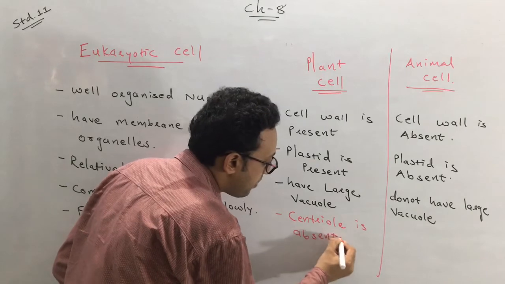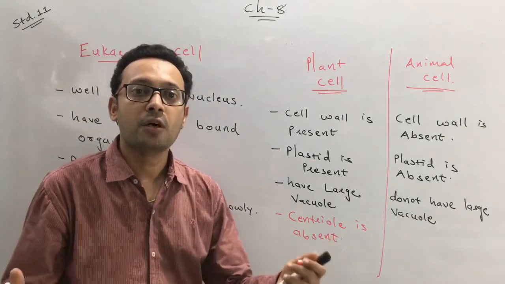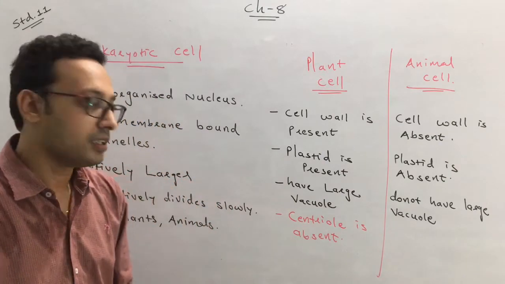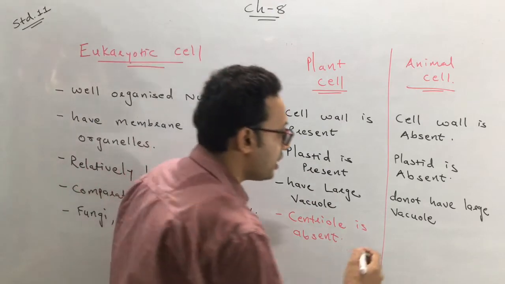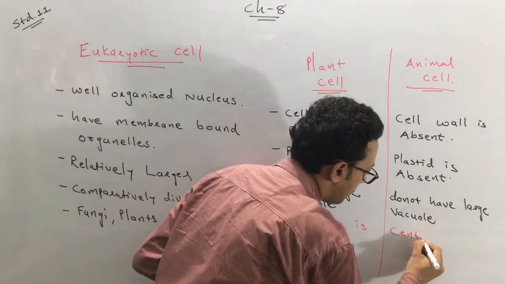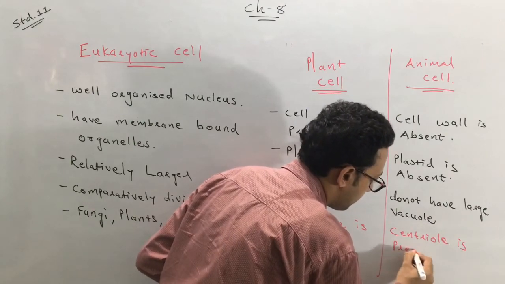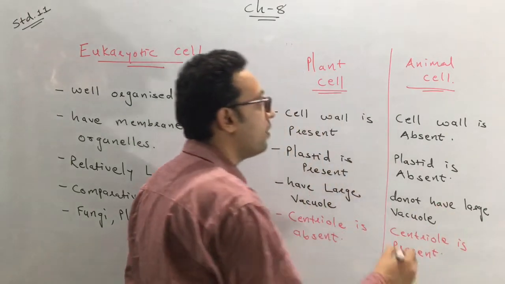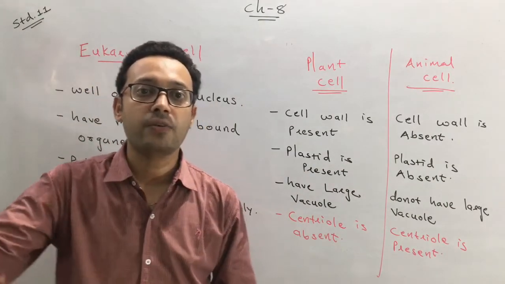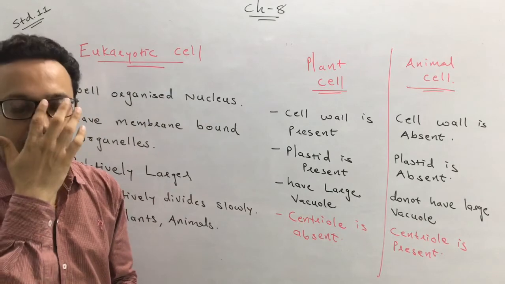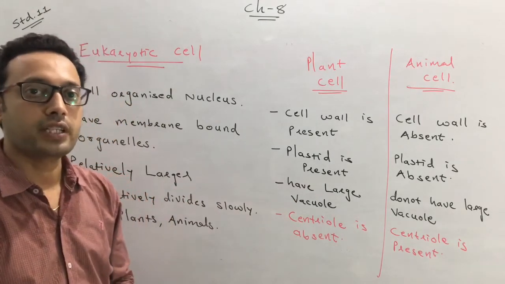This is a non-membrane bound organelle, and you know that non-membrane bound organelles are found in both prokaryotic and eukaryotic cells. But centriole is absent in plant cell, and you can find this centriole in animal cell. Remember, centriole is only found in animal cell. They are absent in plant cell. It has an important role during cell division.